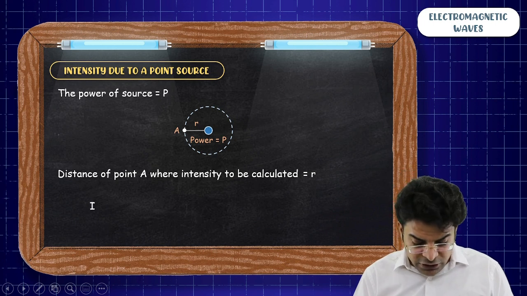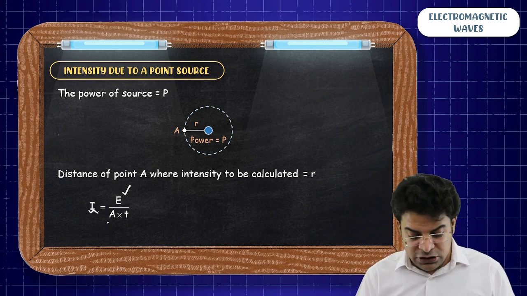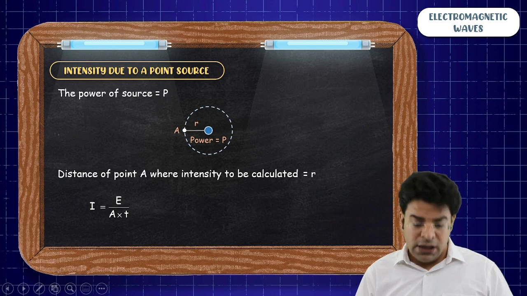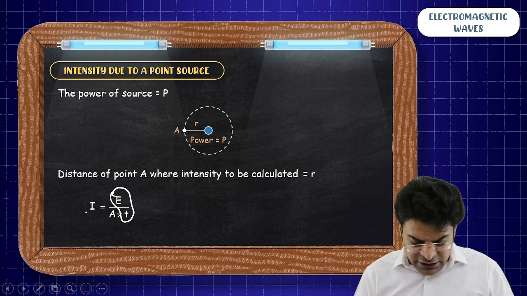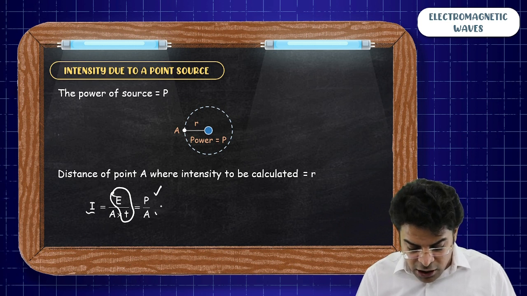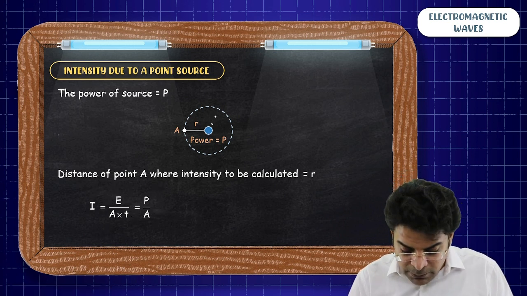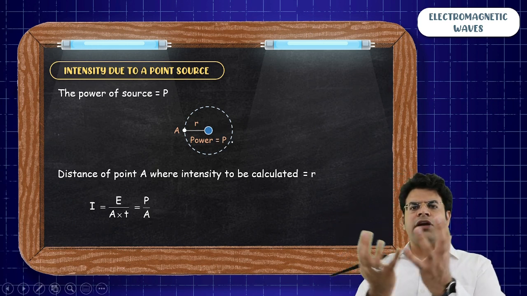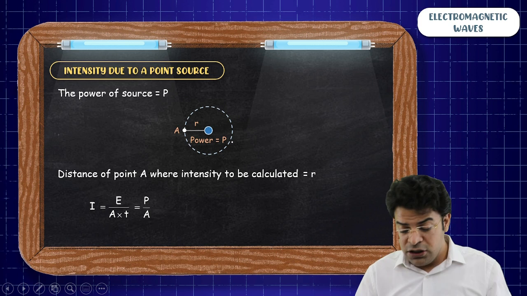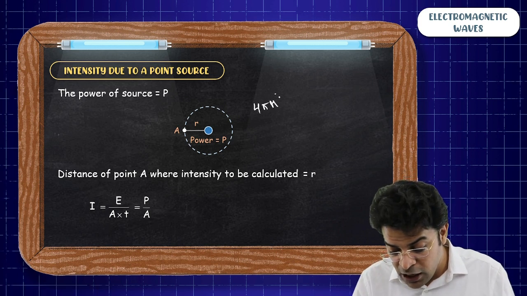We know that, bachcho, intensity is nothing but energy crossing per unit area per unit time, and the energy crossing per unit time can be written as power. So intensity can be written as power upon area. We know that the power of this source is P, and the same power gets distributed over a spherical surface of surface area 4 pi r square.